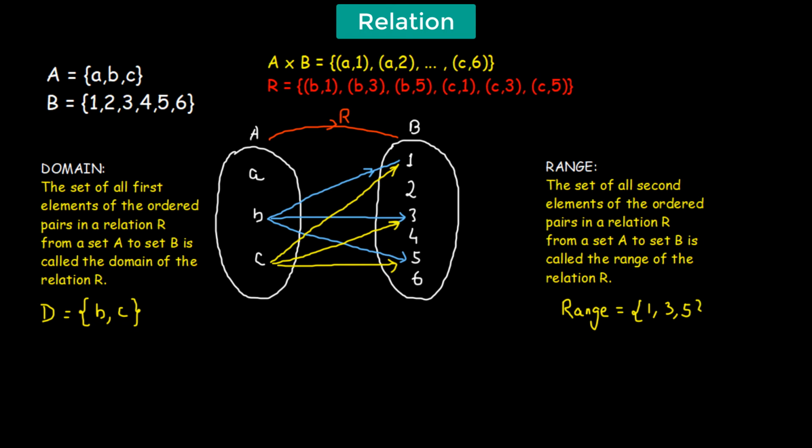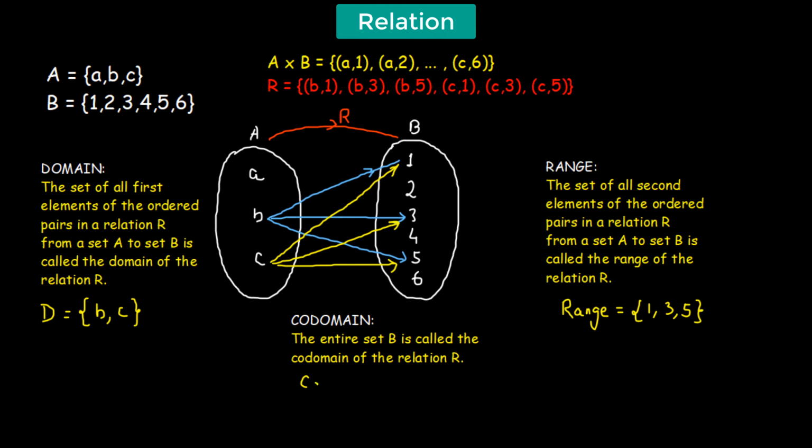and 5. Now here we are considering only the elements which are participating in the formation of the ordered pairs from set B. If we are to consider all the elements, the whole set B, then that set of elements will represent the codomain of the relation. So the entire set B is referred to as the codomain of the relation.